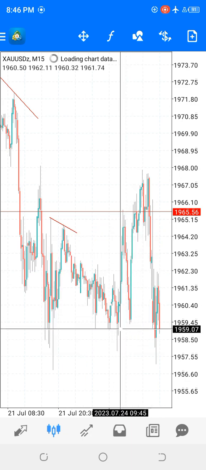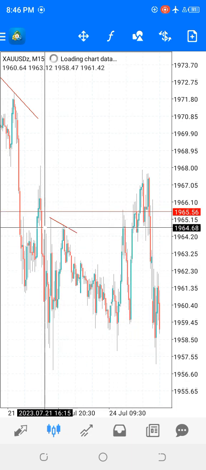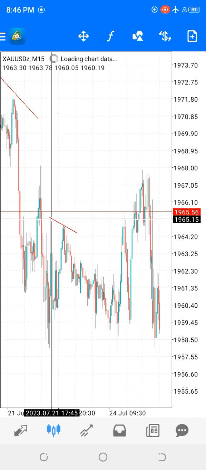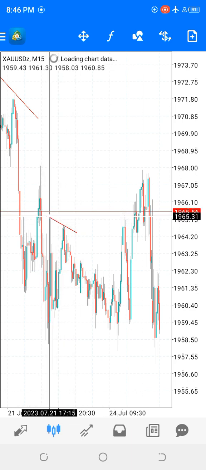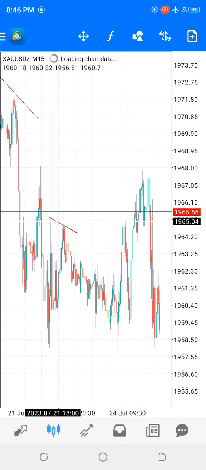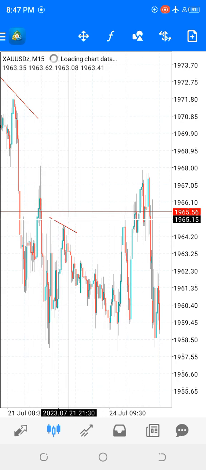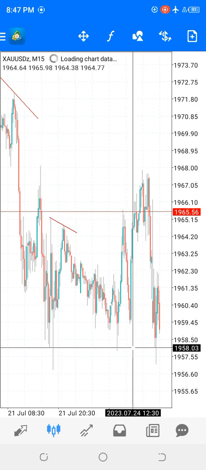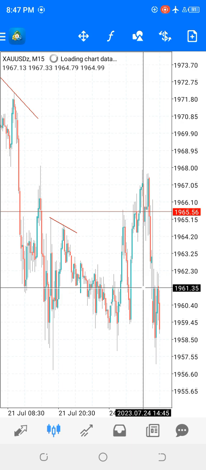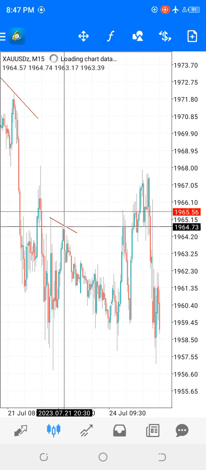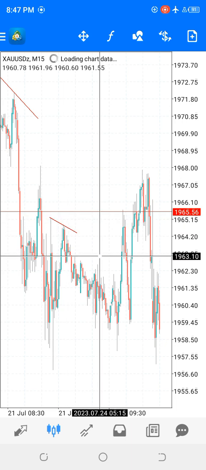Price bought to take out the trend line liquidity, because trend line liquidity people place their stop loss above the trend line, and as you can see, the market took it out, then sold off. This is an example of trend line liquidity.